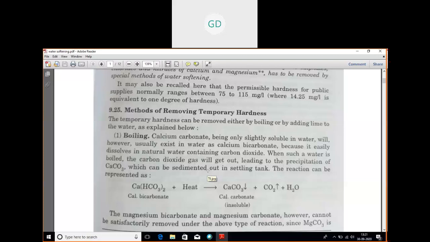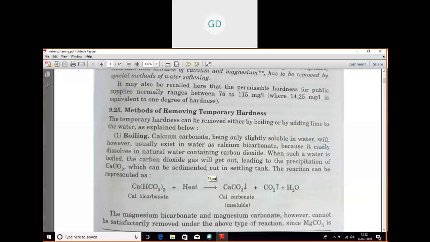So when the calcium bicarbonate is present in the water, dissolved in natural water containing carbon dioxide, and such water is boiled, the carbon dioxide gas will get evolved, and it gives a precipitate of what? Calcium carbonate.